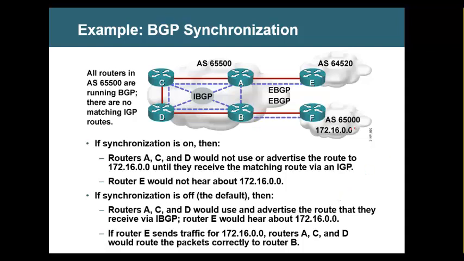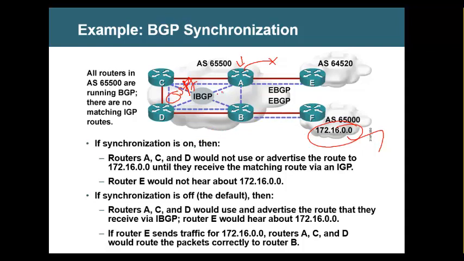See, this is what the synchronization rule says. This network, A cannot use it, A cannot advertise it, until OSPF talks about this network. Why will OSPF talk about a network coming from outside?